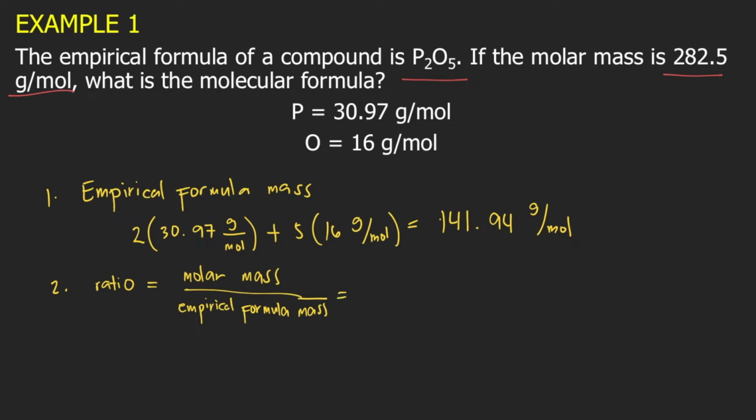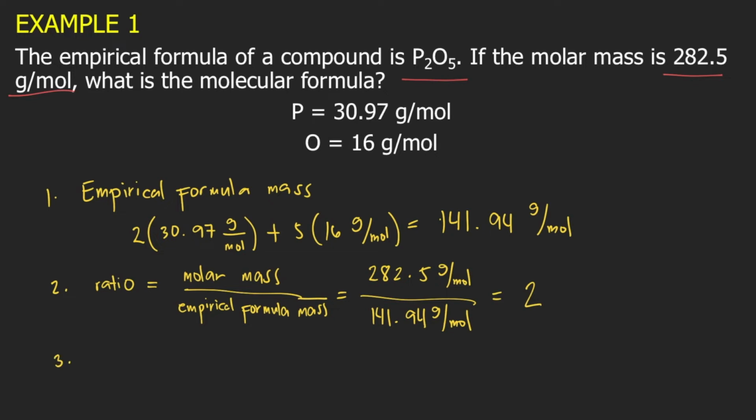So in the problem, we are given the molar mass, which is 282.5 grams per mole, divided by the empirical formula mass we got from step 1, which is 141.94 grams per mole. And if you solve that in your calculator, you will get around 1.99, and you round this up to the nearest whole number, which is 2. So the ratio between the molar mass and the empirical formula mass is 2.